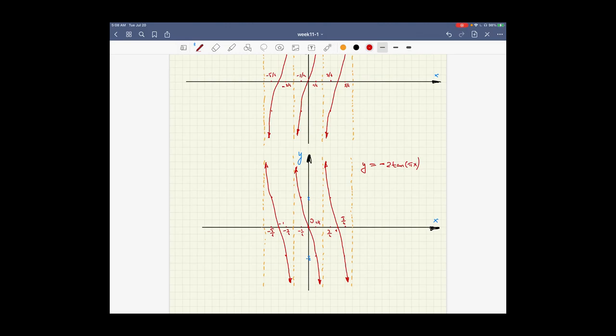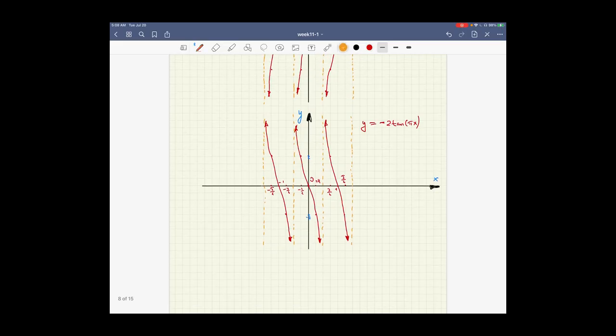And finally, the last transformation, which will make from -2 tangent pi x the graph of -2 tangent pi x minus 1, will be the transformation that will shift the last graph vertically by 1 unit downward.